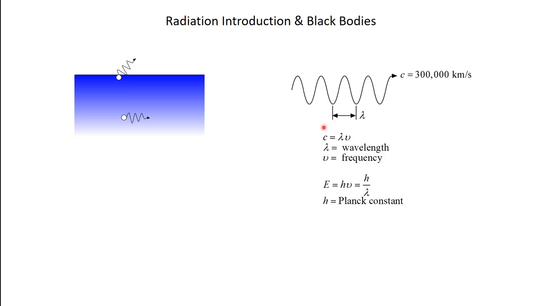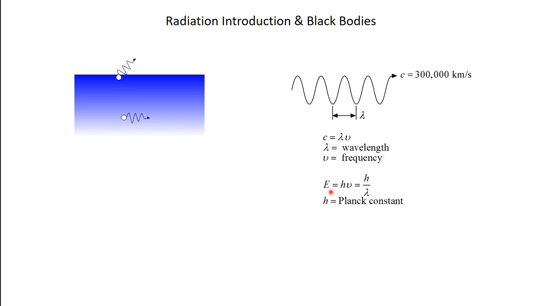So the wavelength and the frequency are related to one another by this equation here, right? The frequency is how many times per second the wave crests, right? And the wavelength is the distance between crests, right? So if I have a high wavelength, I'm going to have a small frequency. If I have a large frequency, I'm going to have a fairly small wavelength, right?